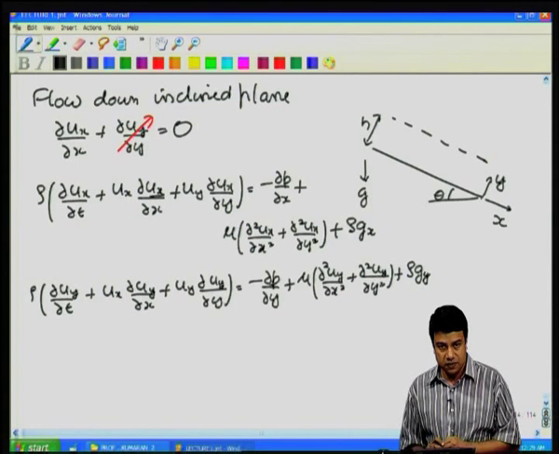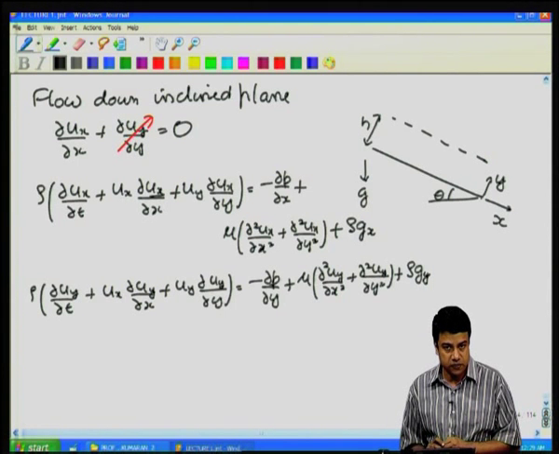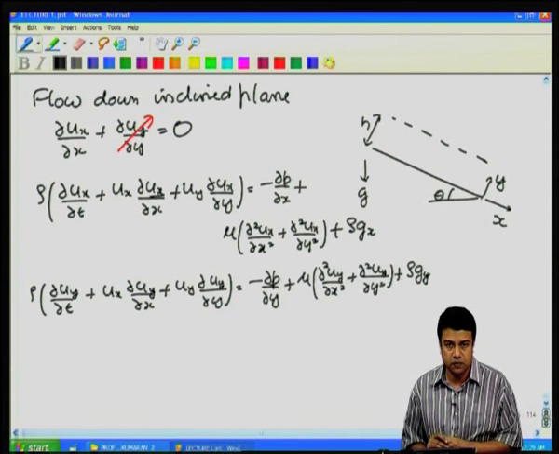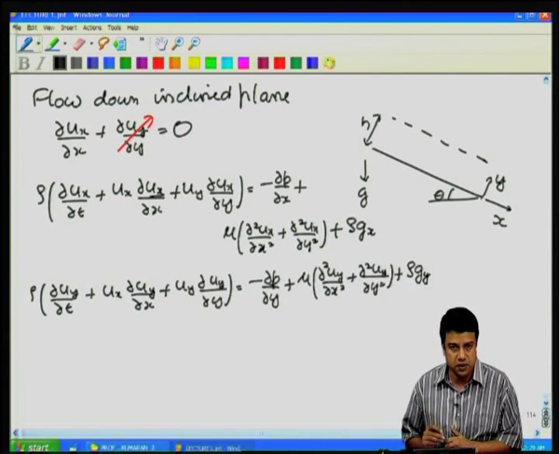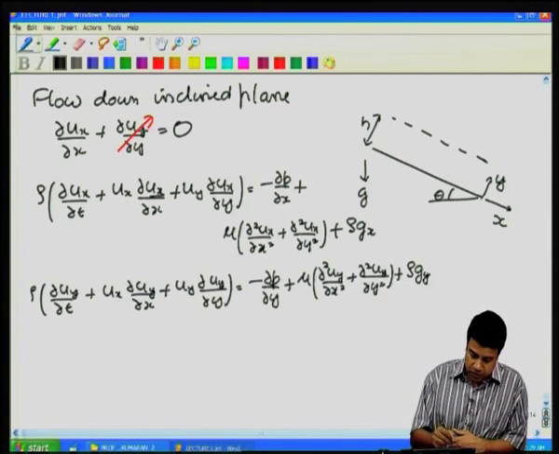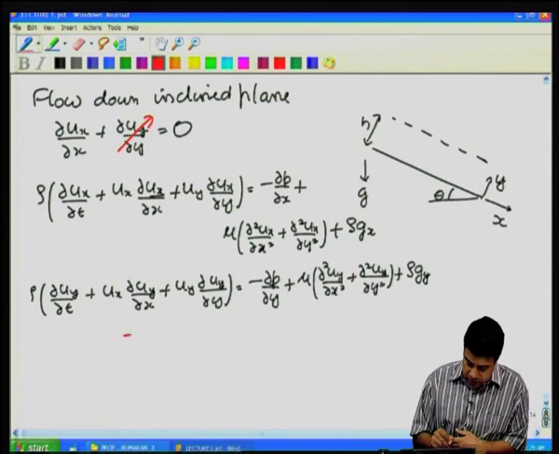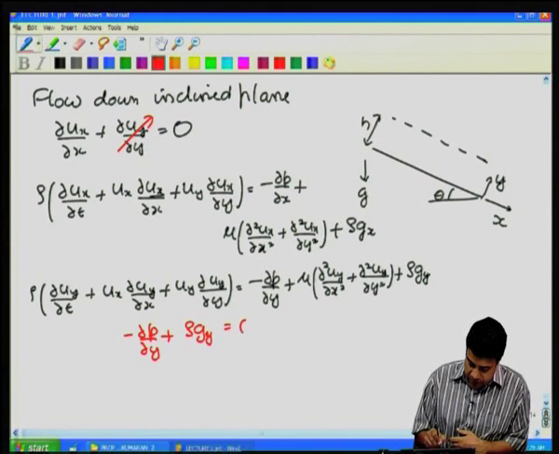As usual, all terms in the y momentum conservation equation which are proportional to the velocity will end up being 0, because u y is equal to 0, and therefore the y momentum conservation equation just reduces to minus partial p by partial y plus rho g y is equal to 0.